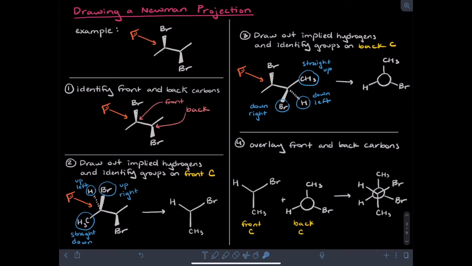Notice that in my original molecule, I had a zigzag shape. And in my Newman projection, my CH3 groups are opposite each other. Also notice that both of my bromines are drawn as wedged. And in my Newman projection, they're on the same side.